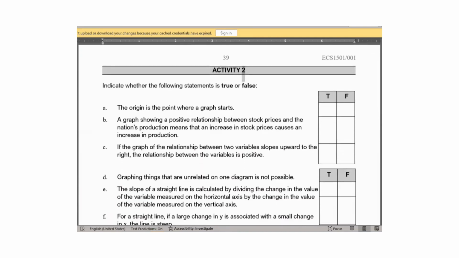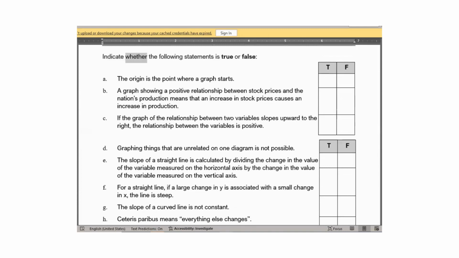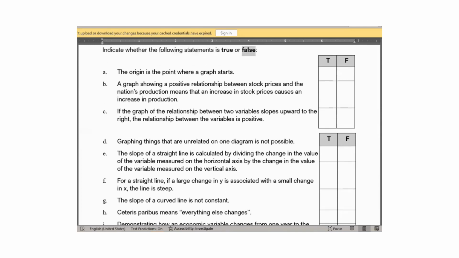Activity 2. Indicate whether the following statements are true or false. The origin is the point where a graph starts. A graph showing a positive relationship between stock prices and the nation's production means that an increase in stock prices causes an increase in production.